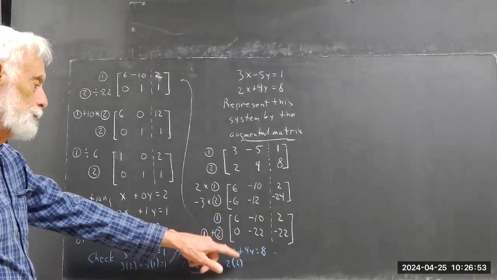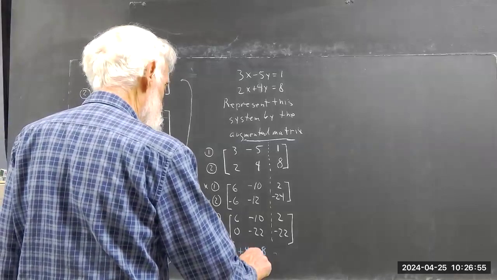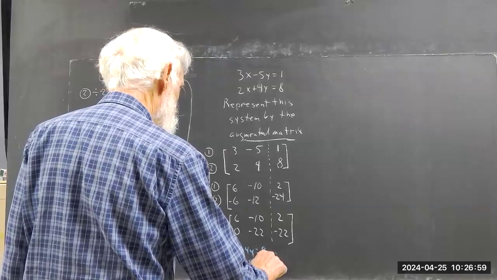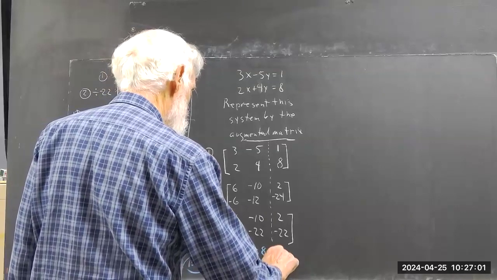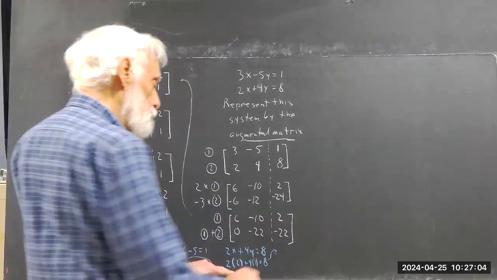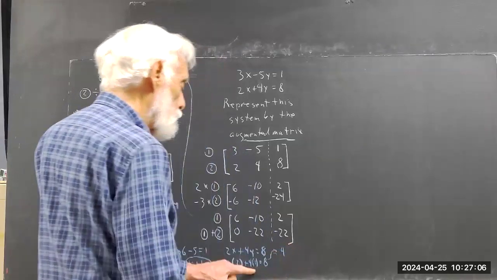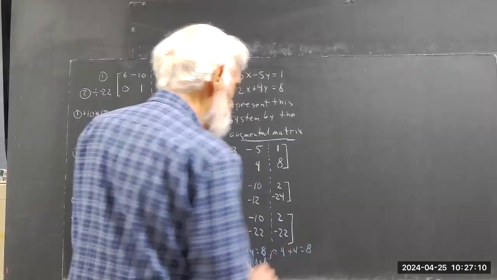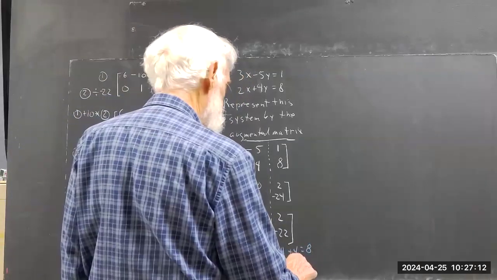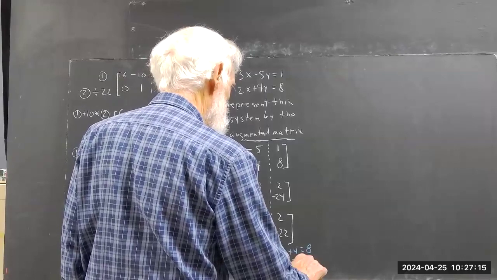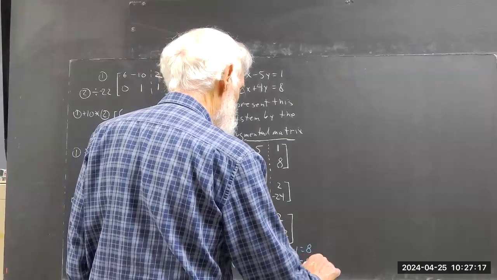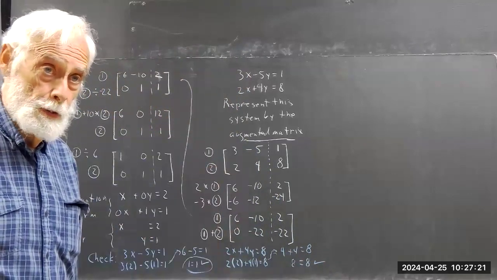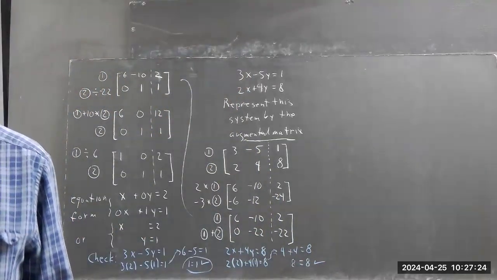It's supposed to be 2, so we replace x by 2. Y is 1. Two times 2 is 4. 4 times 1 is 4. And 4 and 4 is 8. And we check that off. So now we're sure that we solved the system correctly.